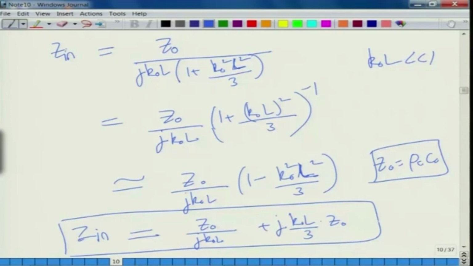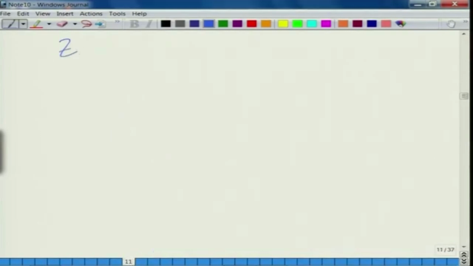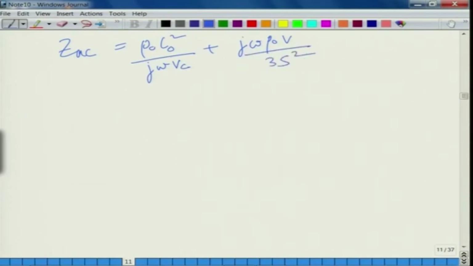What does this mean? It means that the actual impedance that is seen is rho naught C naught square times j omega over V c, plus j omega times rho naught V times 3 S square. The second term is then a correction to the first term.